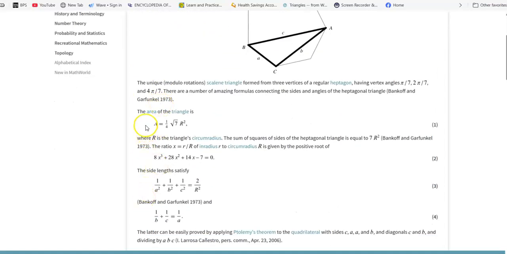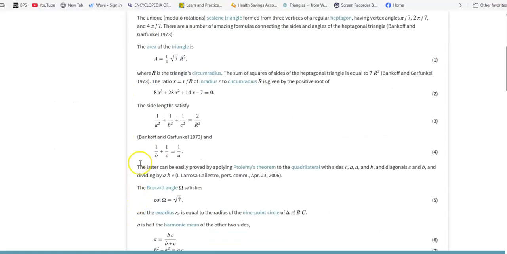There's a number of properties listed here. The interesting thing is this triangle, properties about it were published in Mathematics Magazine in 1973 by two authors named Bankoff and Garfunkel. It is quite an interesting article if you can get your hands on it. All of the stuff comes out of there.